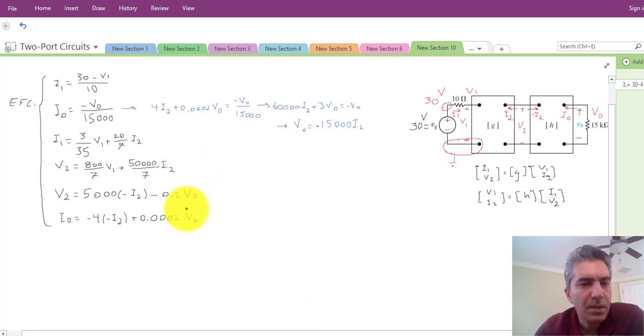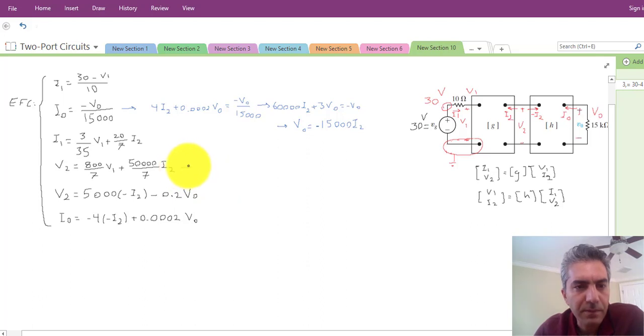Okay, so now we don't have I out in any equations. Next I would use the definition for V2 and put it in this equation or anywhere else that I have V2, and apparently this is the only place where I have V2, so I use this definition and put it in this equation.